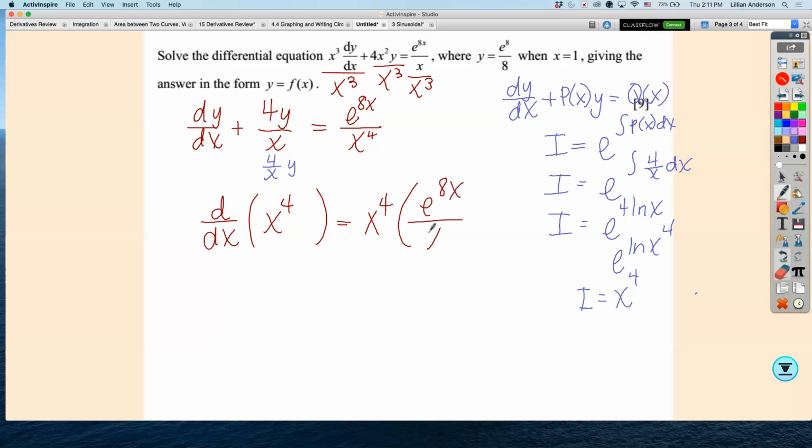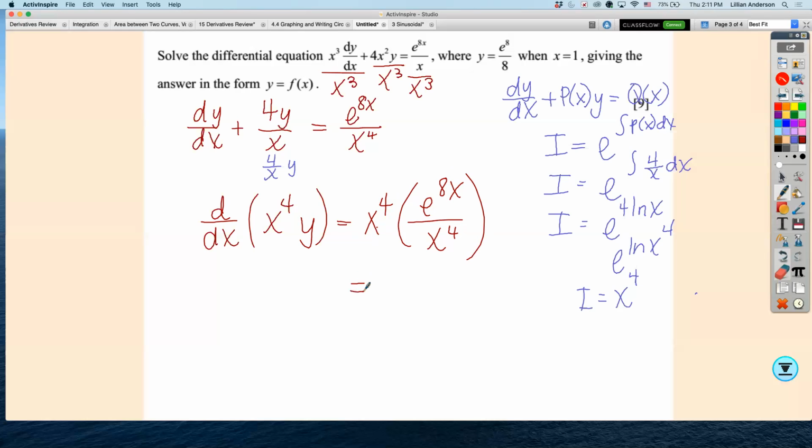I'm missing a y somewhere. Oh, right, by the x to the 4th. Very good. Okay, here the x to the 4th on the right side, do what?